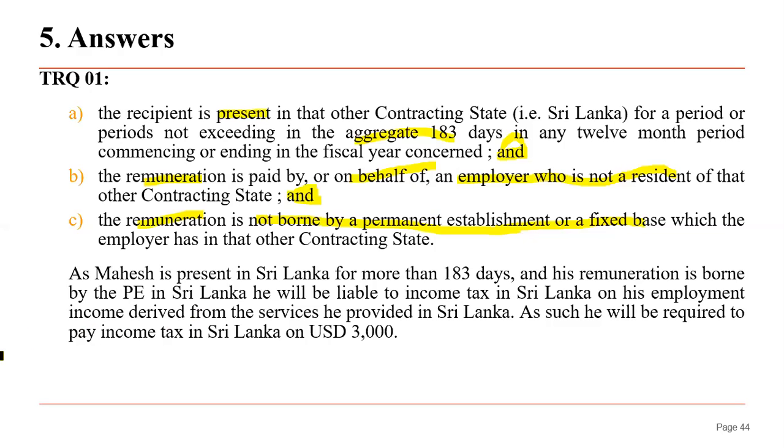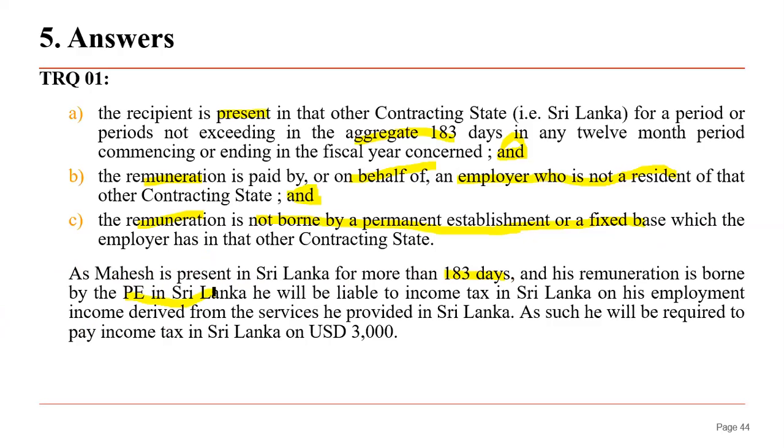Then you see the case, see how it is analyzed as per the DTA. Mahesh is present in Sri Lanka for more than 180 days, because Mahesh stayed 195 days. Then his remuneration is borne by a PE in Sri Lanka. Hera is having an agency PE.